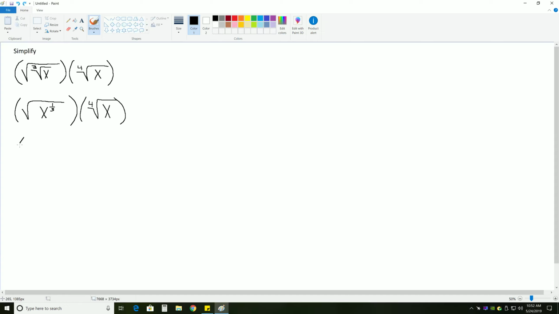So this is going to become x to the 1/3 all to the 1/2 exponent, times the fourth root of x, which is x to the 1/4 power.